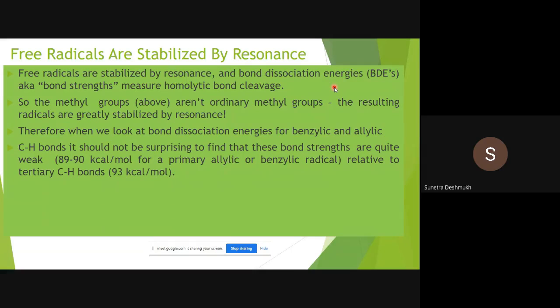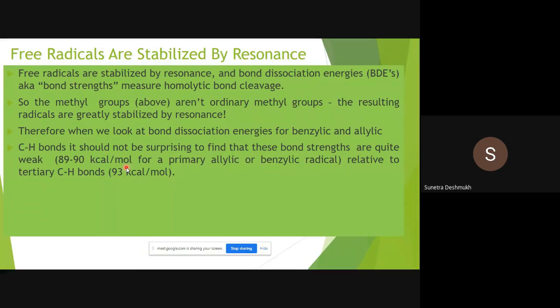Now here also the same scene applies in benzylic as well as in allylic groups. To break the benzylic CH bond and the allylic CH bond, we need very little energy, lying between 89 and 90 kilocalories per mole.